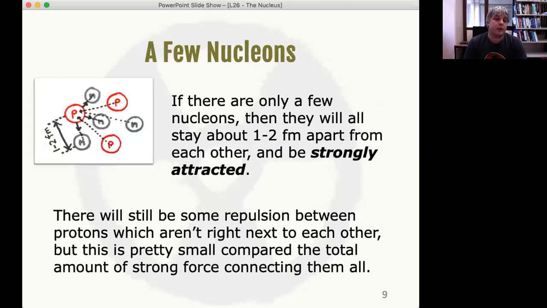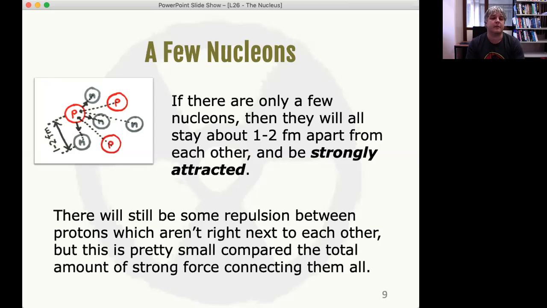If you've only got a few nucleons, then they'll all stay about a couple of femtometers apart, and they will be strongly attracted to each other, and the nucleus will stay all connected to itself, even though you've got these protons repelling. As per my little diagram there, we've got lithium with 3 protons and 4 neutrons, and the protons are all repelling each other, but the neutrons are all strongly attracting, and actually the protons might still be in range to be attractive as well.